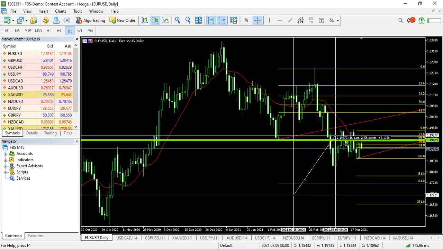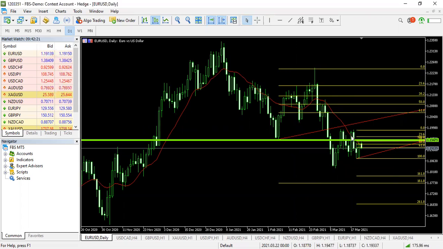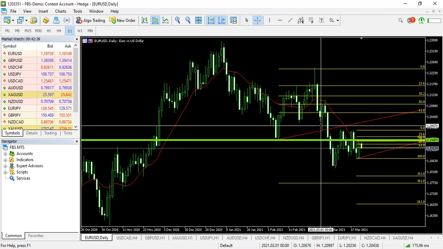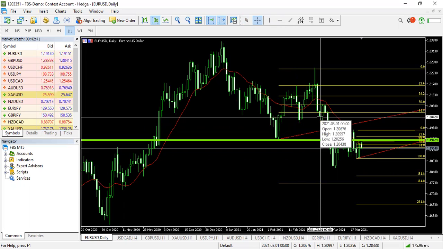However, this structure here, because you can see that yesterday we got a nice bullish candle on a daily time frame. If we can get another one that breaks above the 119,300, then it would expose the 120 zone, and 124.